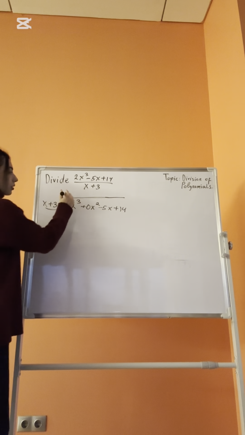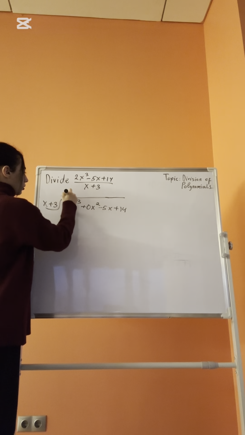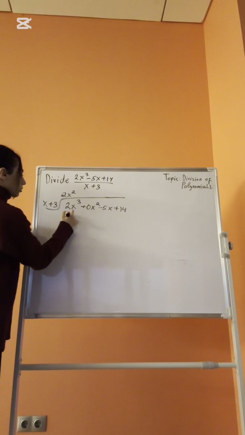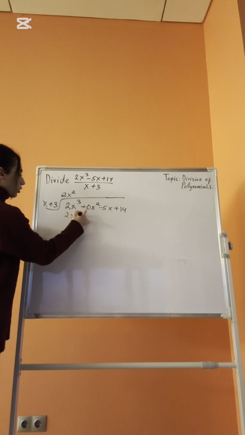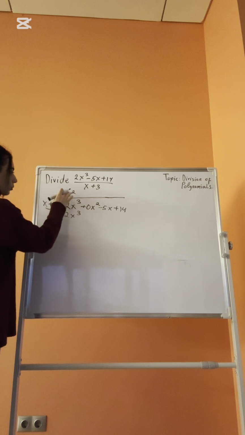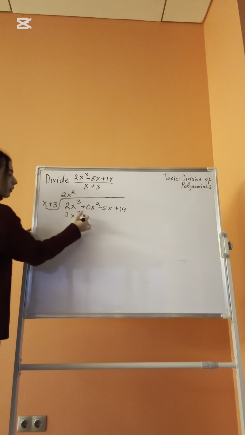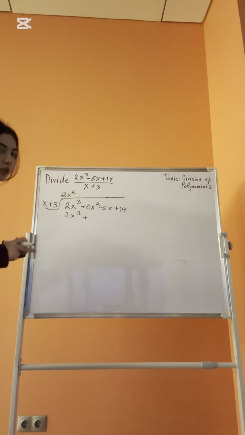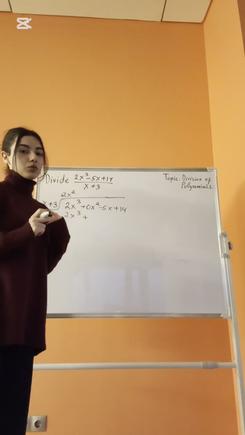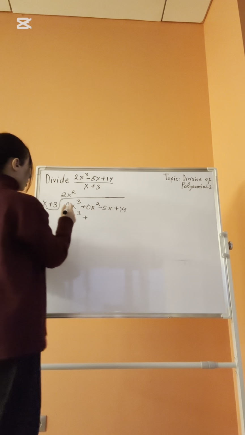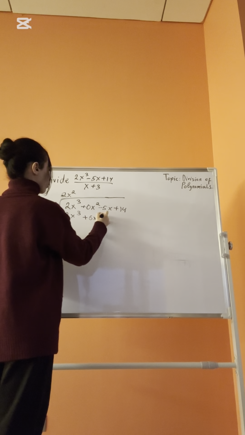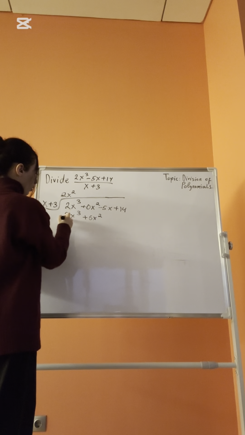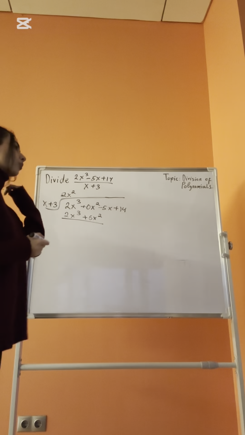And we're gonna write it here. So when we multiply, we get 2x to the power of 3. And then we also have to multiply it by 3 and write it here. Plus, if we multiply 3 by 2x to the power of 2, we will get 6x to the power of 2. And then I'm gonna draw a line like this.